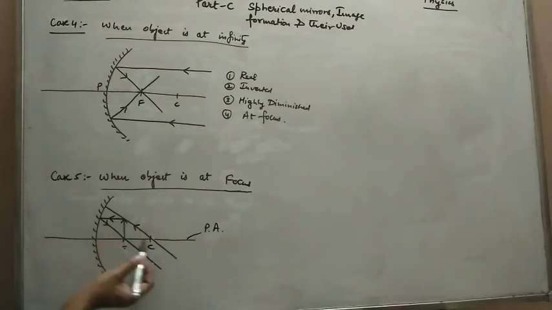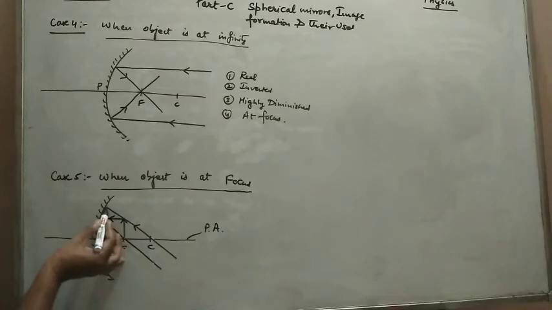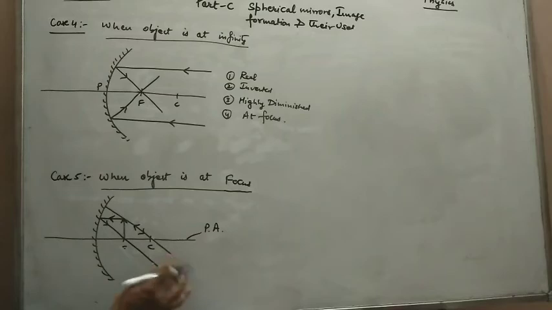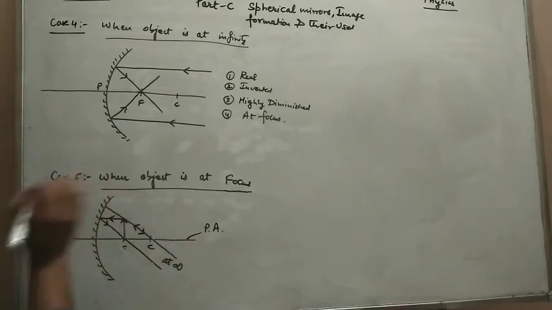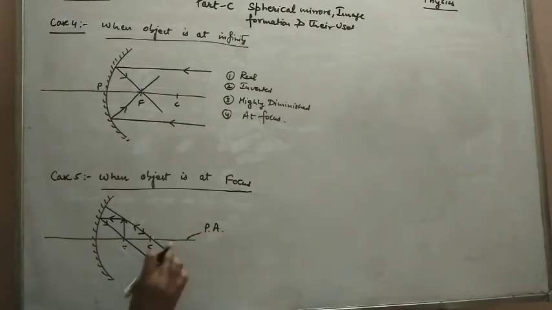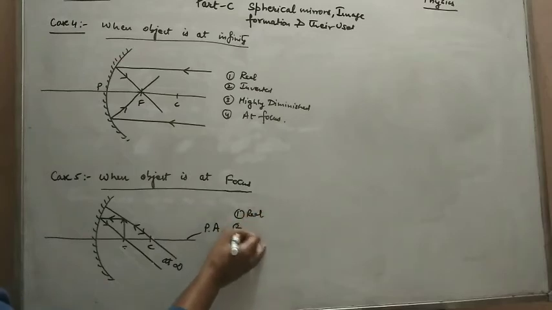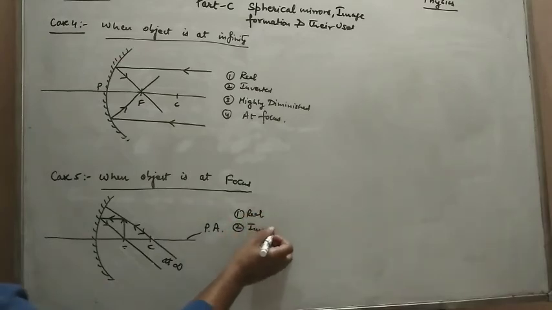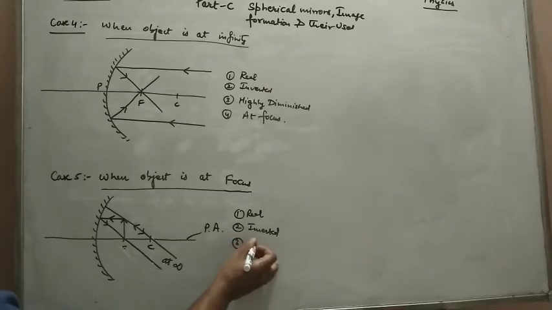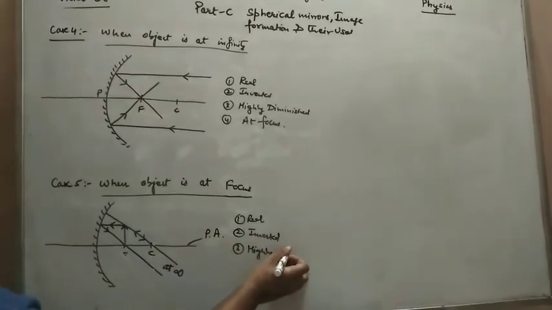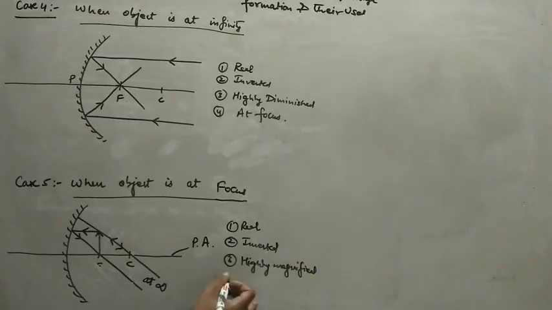The ray which is coming from the center of curvature, it is falling over here, it will retrace its path, means it will go in the same way through C only. So these rays will go parallel to each other after reflection. So they are assumed to meet at infinity. Parallel rays are also assumed to meet at infinity. So first characteristic of the image is again real, second is inverted, third one is highly magnified, and fourth one is at infinity.